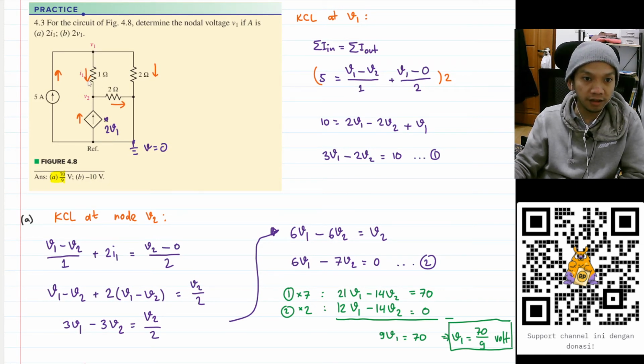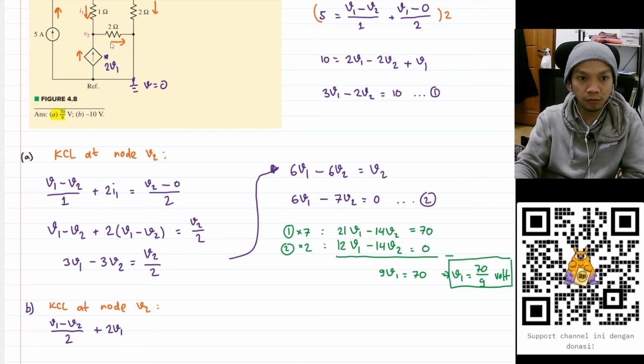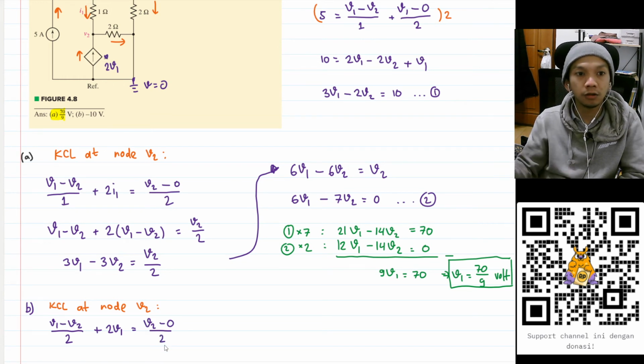So for this current, I will have V1 minus V2 divided by 1. For this current, I will have 2V1. And that will equal this current going out, which is V2 minus 0 divided by 2. Oh, this is 1, right? This is not 2, divided by 1, sorry.